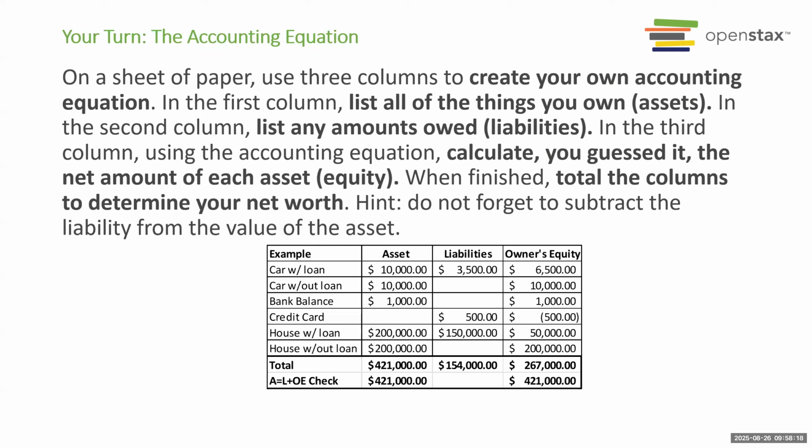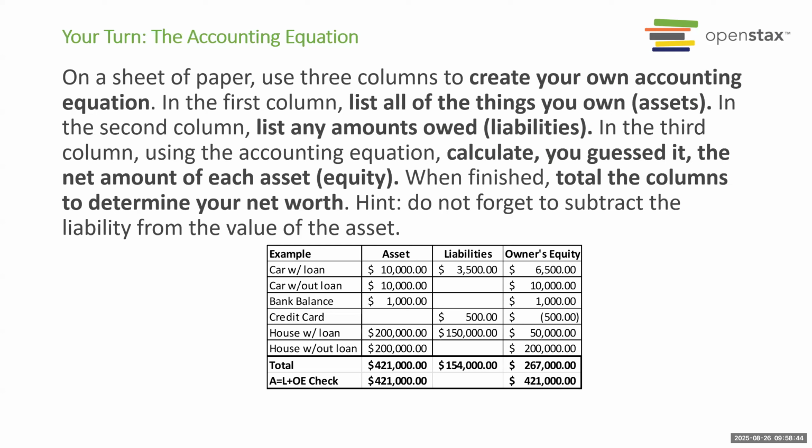So let's talk about a car with a loan, similar to the house with the mortgage. We have a $10,000 value of a car. We owe $3,500 on it. That means our owner's equity is $6,500. Let's talk about a car without a loan. That would be a $10,000 asset and $10,000 owner's equity.